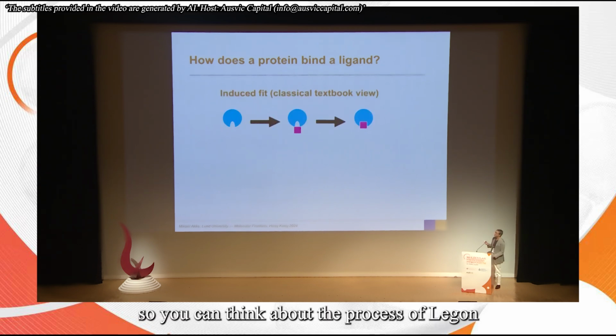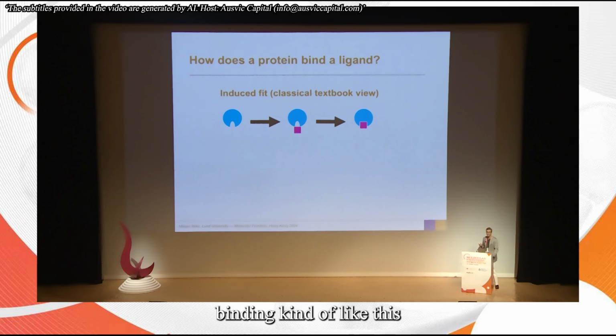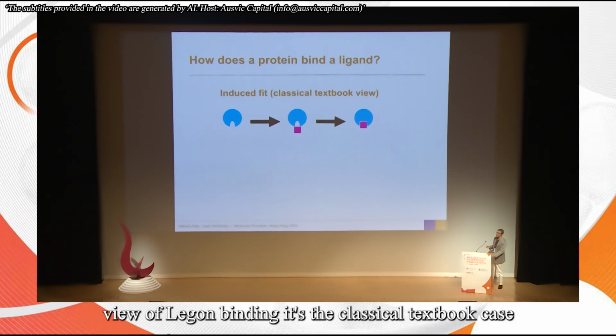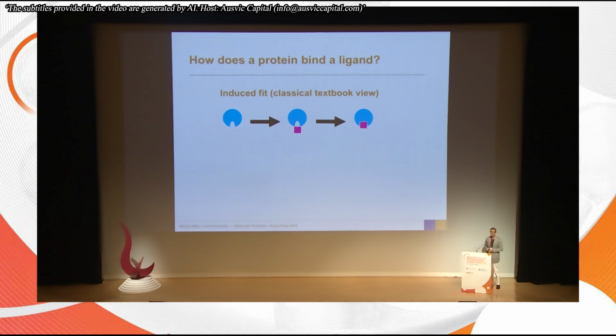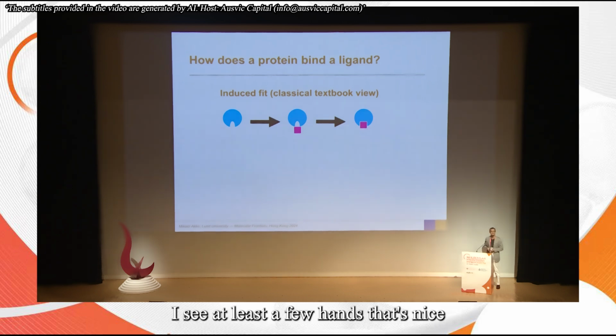You can think about the process of ligand binding like this. This is the so-called induced fit view of ligand binding. It's the classical textbook case. How many of you in the audience of the students have heard about induced fit? Do you come across this in biochemistry? I see at least a few hands. That's nice.